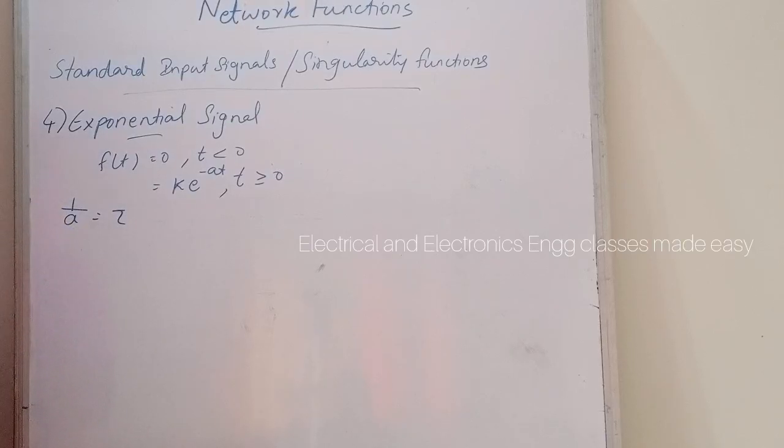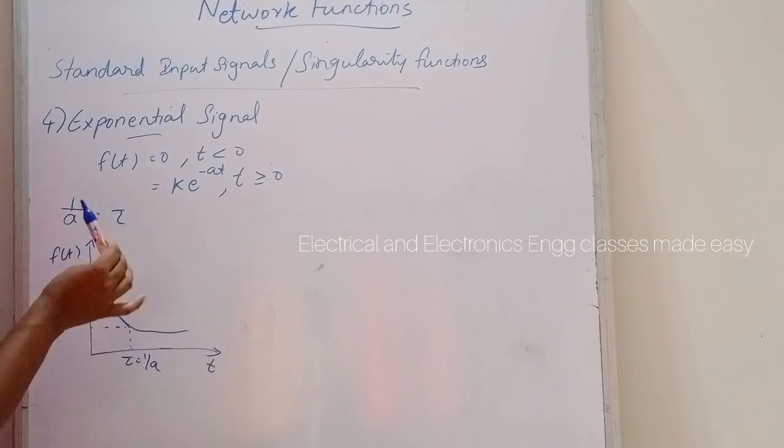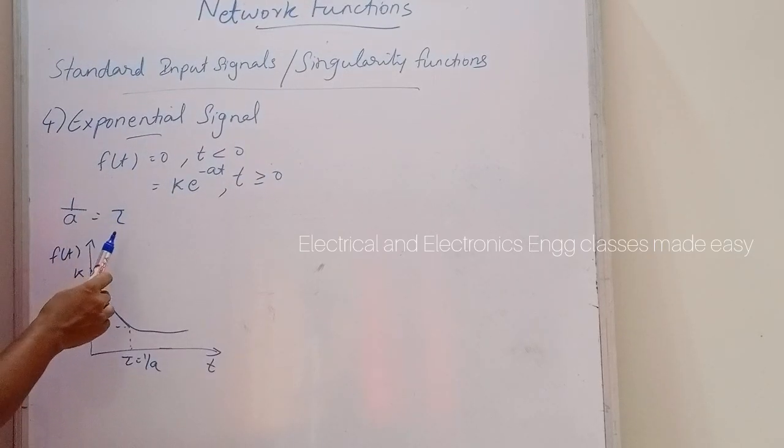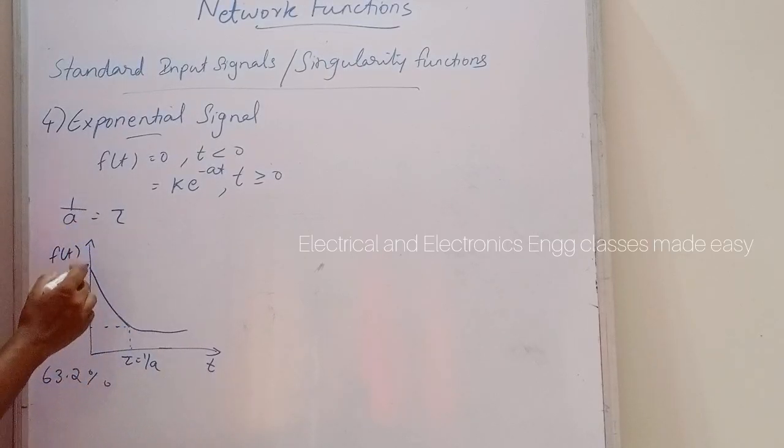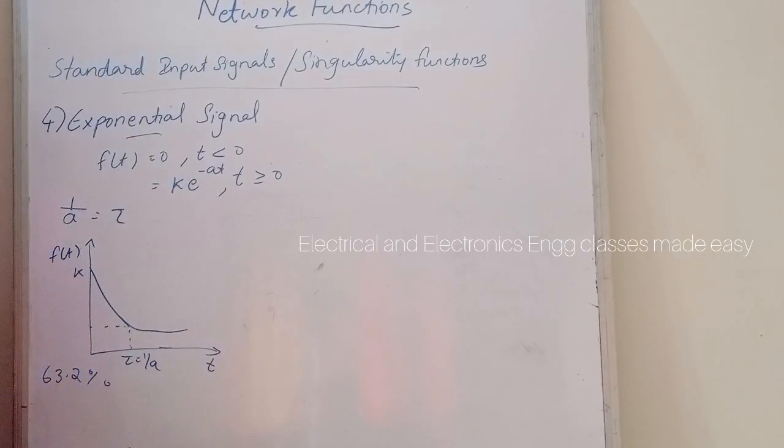The time constant is the time taken to reach 63.2% of the total change from initial to final, and this is the representation of the exponential signal.